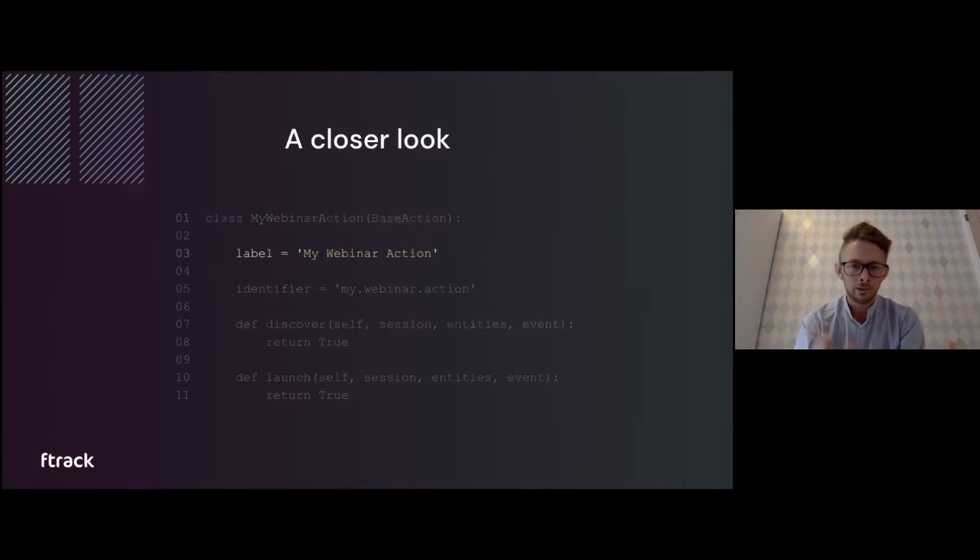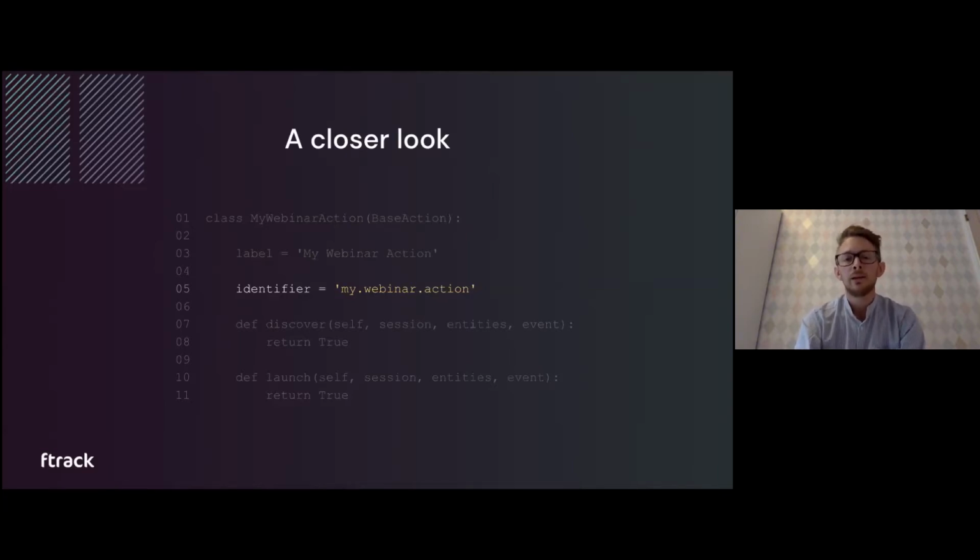The label is what will be visible to the end user in the web interface or in the Connect application. The identifier is also required. The label and the identifier are both required properties of the class, so you'll need to specify those to make this a valid action.